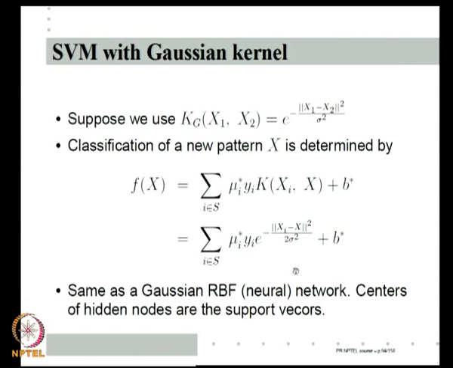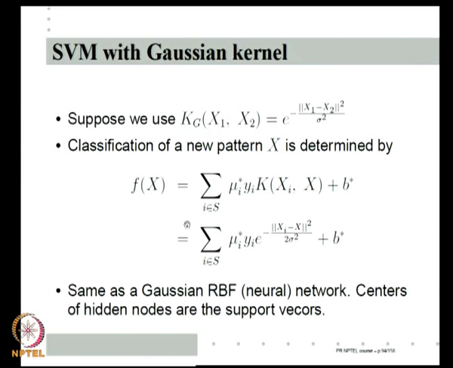So, if I have a standard Gaussian RBF network, x is the input, then the output of the ith hidden node will be e to the power minus norm of x minus the center of the ith hidden node whole square, and then you multiply the output of the ith hidden node with the weight from the hidden node to the output node, and this is the bias of the output node.